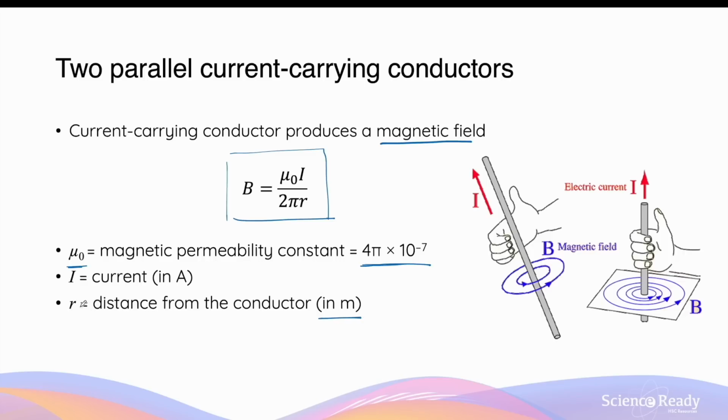Of course, as you move further away from this current carrying conductor, the distance r increases, which will result in a smaller value for the magnetic field strength, so it gets weaker.